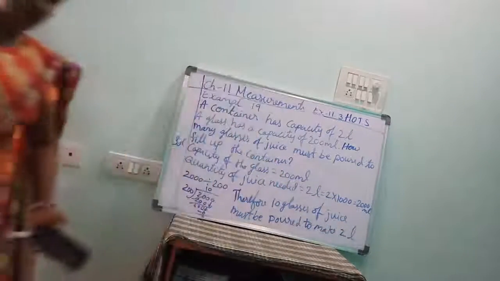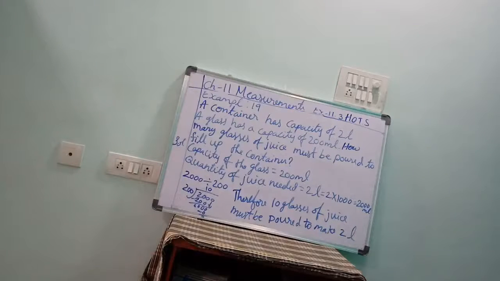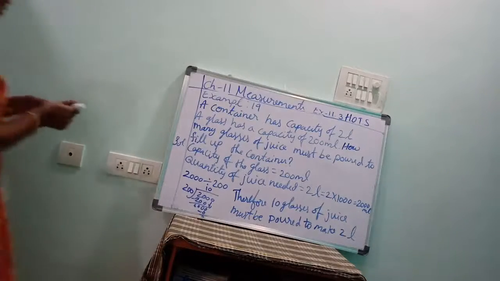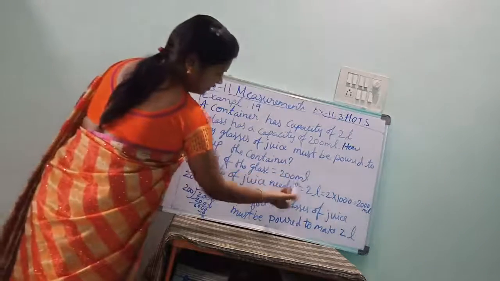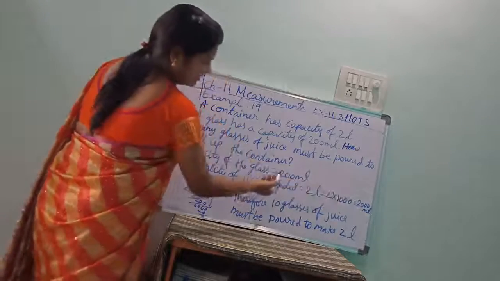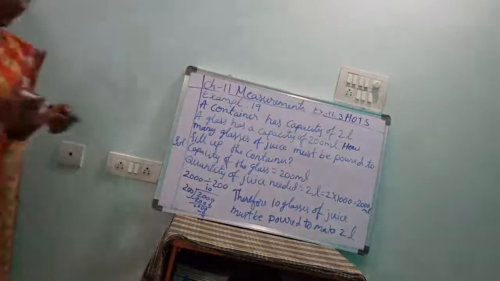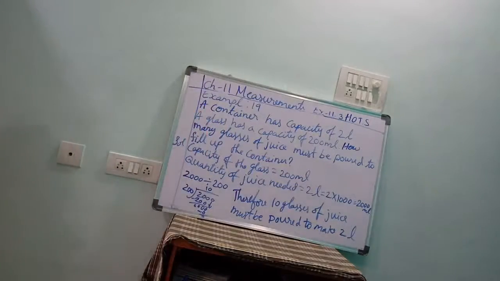Understood, children? What you did here? You did division. Understood? 2000 divided by 200. Understood?